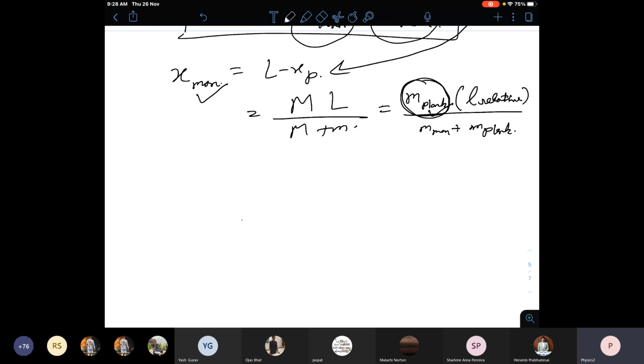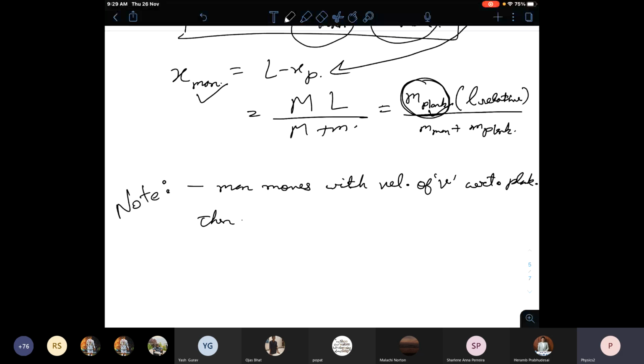What about velocity? Suppose it is said that the man moves with velocity v with respect to plank, then find the velocity of plank with respect to ground.